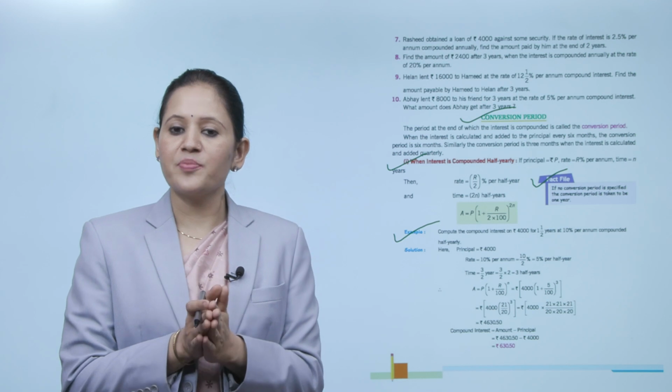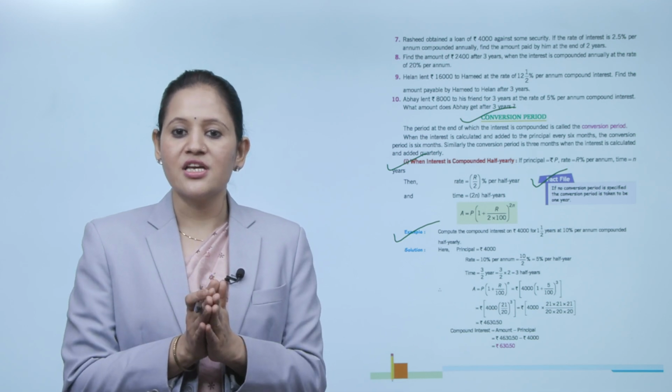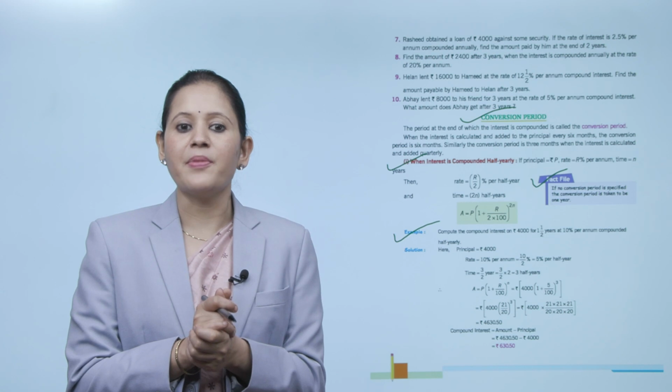Compute the compound interest on rupees 4,000 for 1.5 years at 10% per annum compounded half yearly.